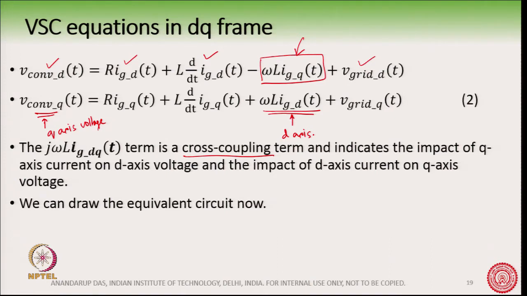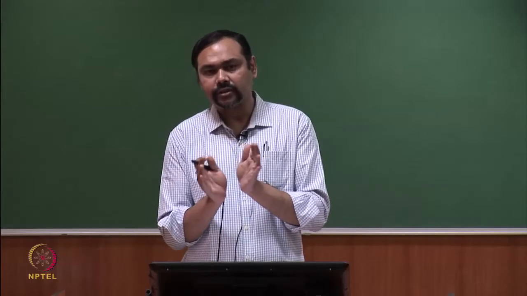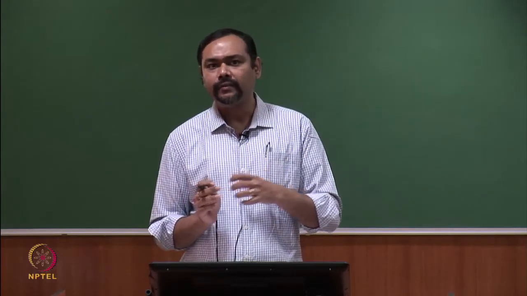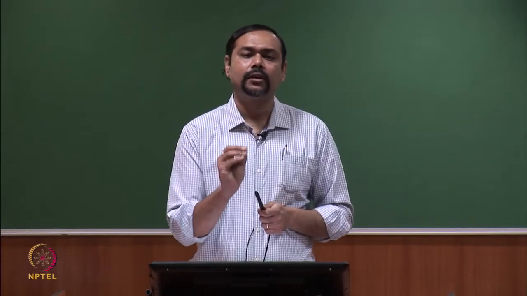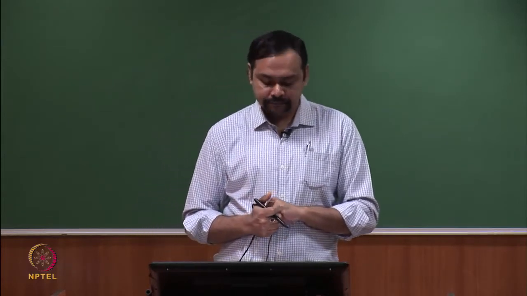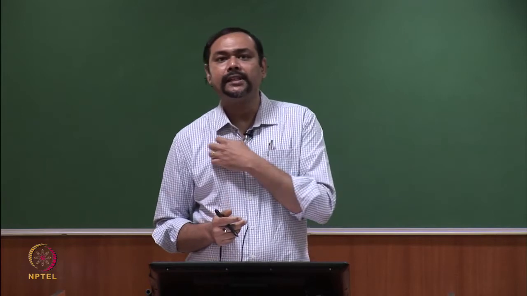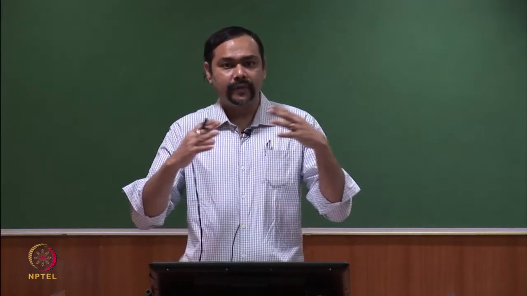How we will do that we will see, but essentially the idea is that the VSC has this cross coupling inside it, and we will nullify it with the help of the controller, where we will add a feed forward term to compensate this effect. Then it becomes a very nice control system.